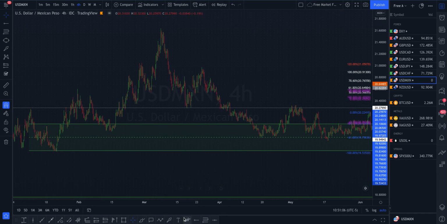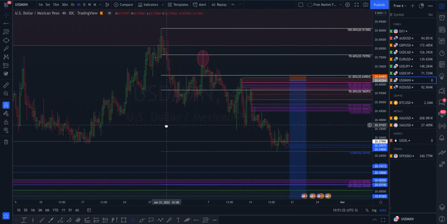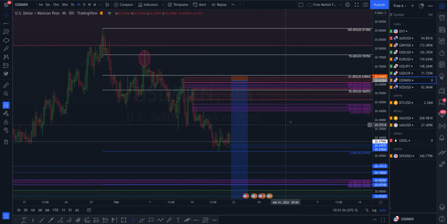Let's see what else. We've got this gap fill. Partial profit. Partial profit, and of course, ultimate take profit at 100%. So potentially looking at a 49x on this one, with some partial profits along the way.